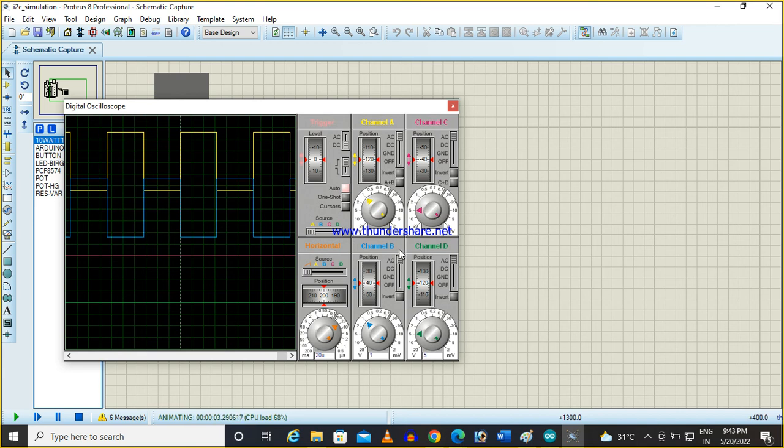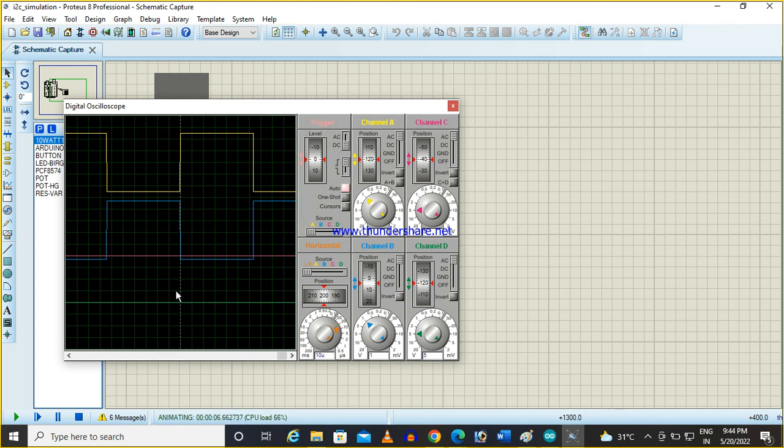Now this channel I will shift slightly down, this also slightly down. You see channel A and B, and the time also I will change slightly. Okay, so you understand that now it is exactly the same.